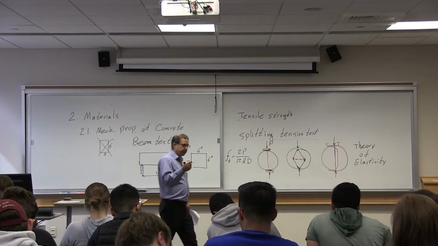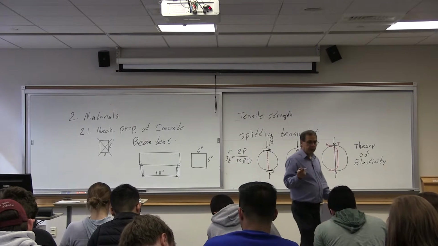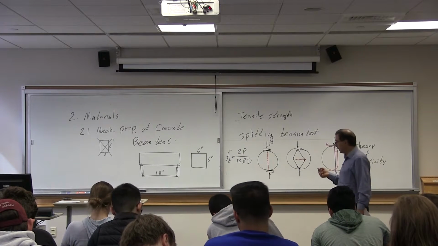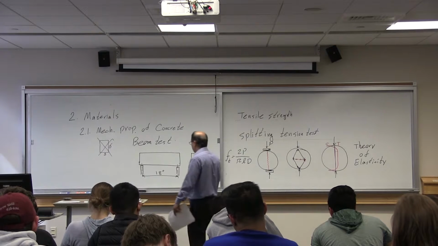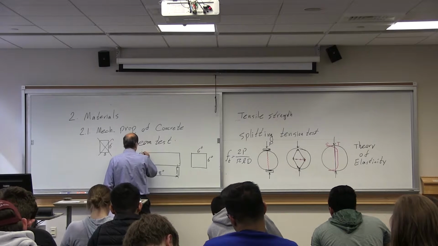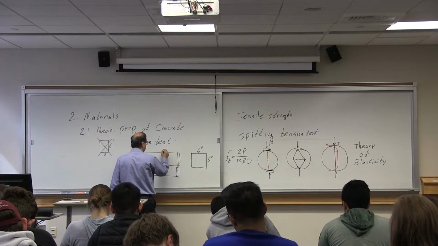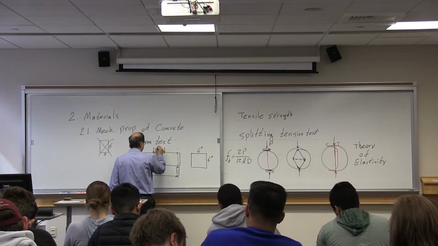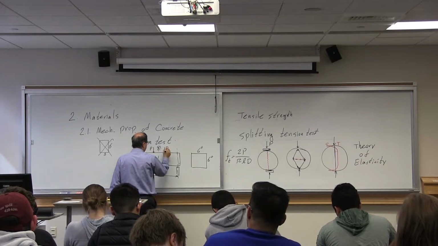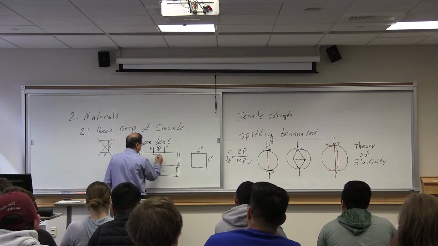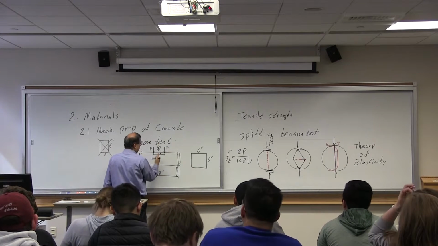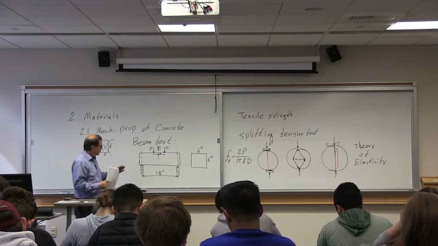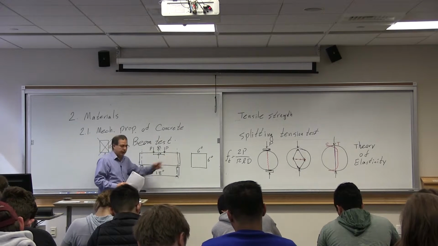That means 3 times 6. So you have 18 inches, and then you apply the loads 6 inches apart and symmetric from the center line. So 6, 6, and 6.